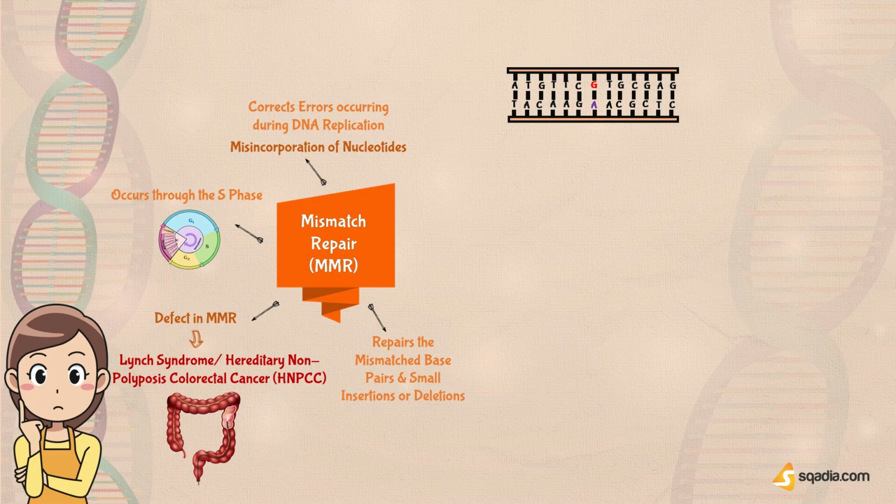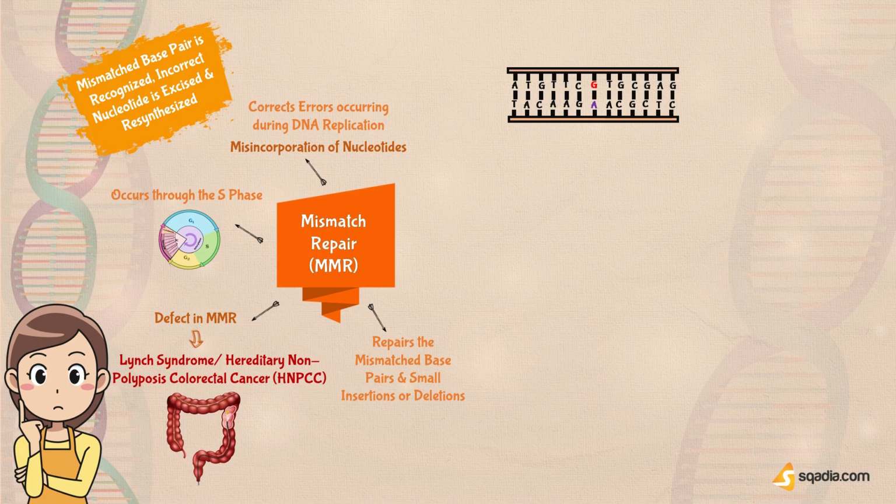The basic mechanism involves recognizing the mismatched base pair, excising the incorrect nucleotide, and resynthesizing it, using the correct nucleotide as a template. The overall process is similar to the other excision repair pathways. So, here's a glimpse of the MMR process.